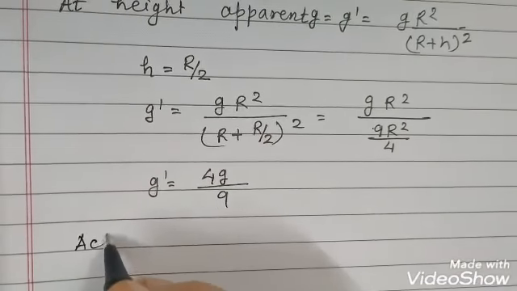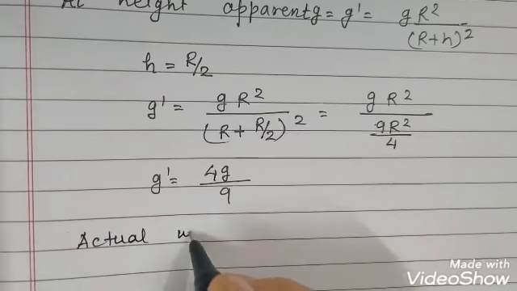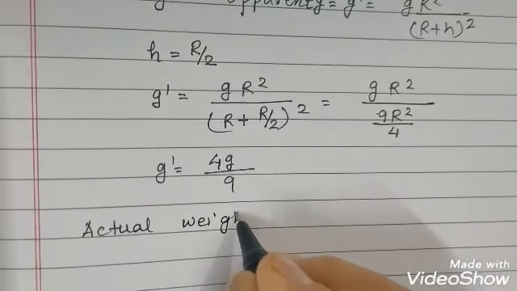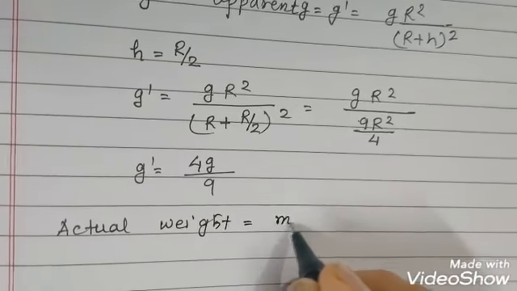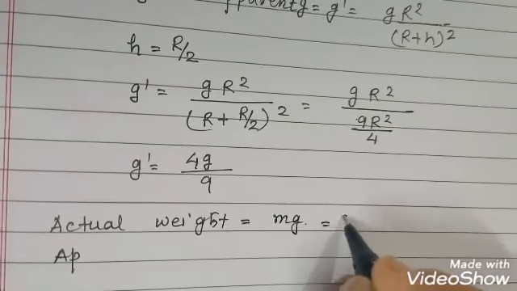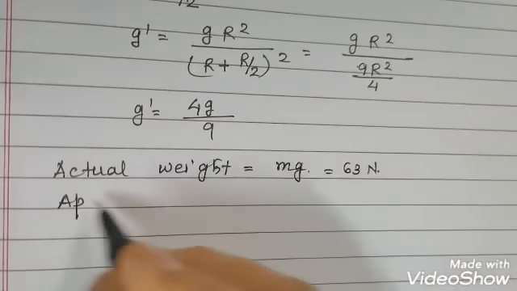So the actual weight of the body is given by mg, which is equal to 63 Newton, as given here.